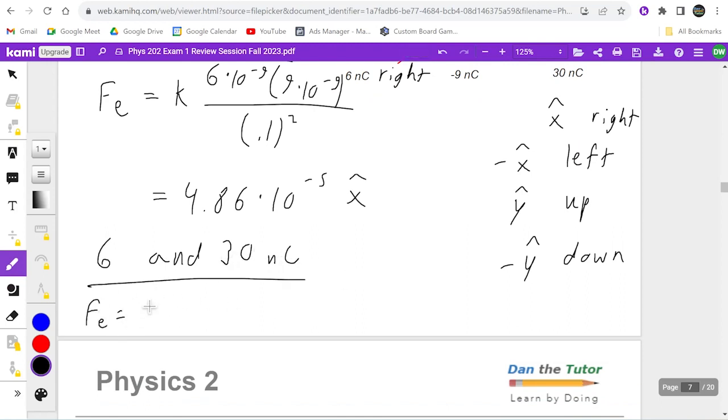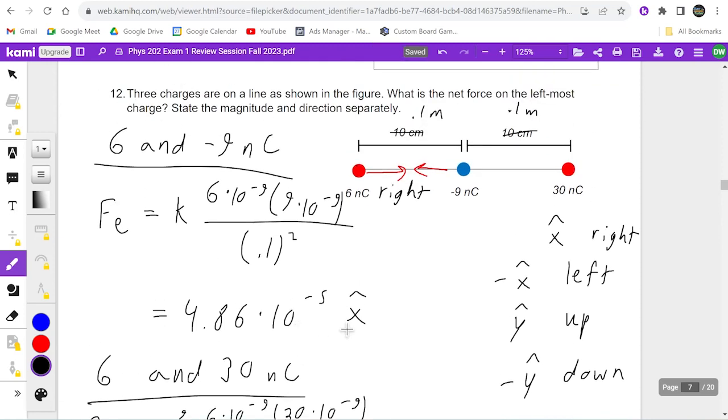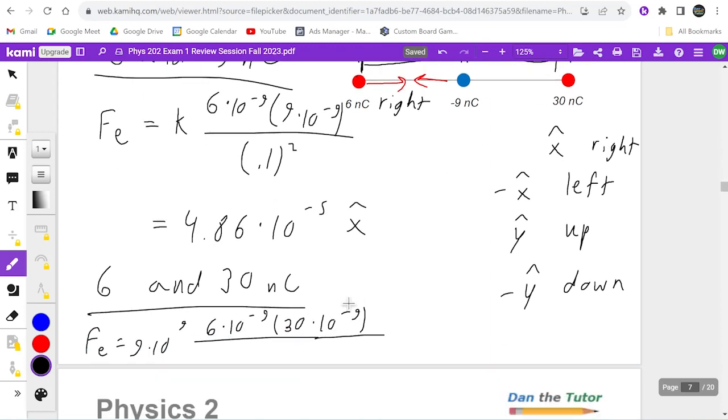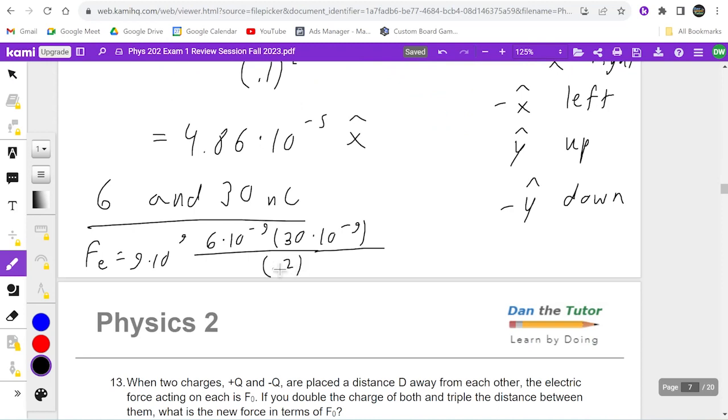That force is going to be k, 9 times 10 to the 9th, times numerator, 6 times 10 to the negative 9, times 30 times 10 to the negative 9, divided by the distance squared. And once again, the distance is 0.1, right? Wrong. The distance is not 0.1. It's the distance from here to here. So in other words, double it, 0.2. So that's 0.2 squared.